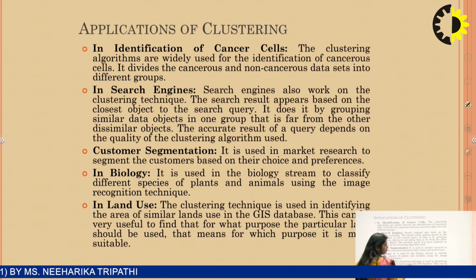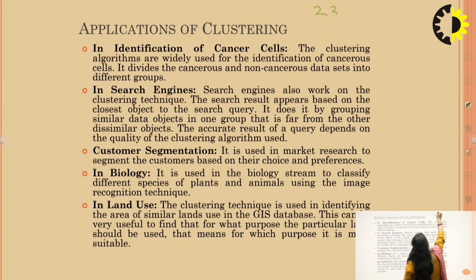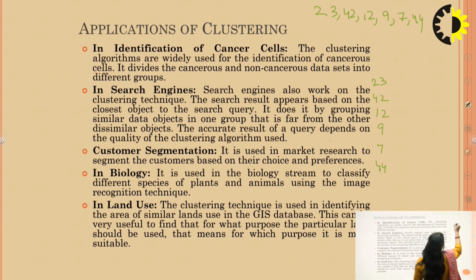Suppose these are the values here: 23, 42, 12, 9, 7 and 42. Now what we have to do? We will write all these values 23, 42, 12, 9, 7 and 44 here.